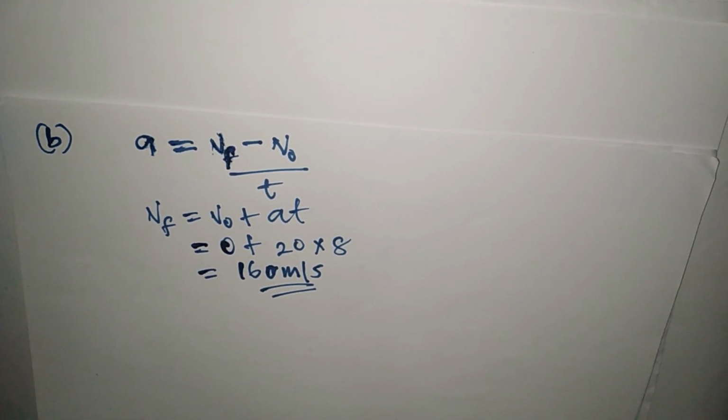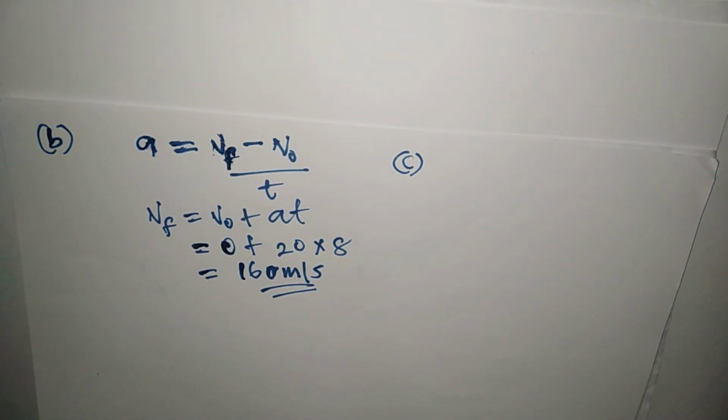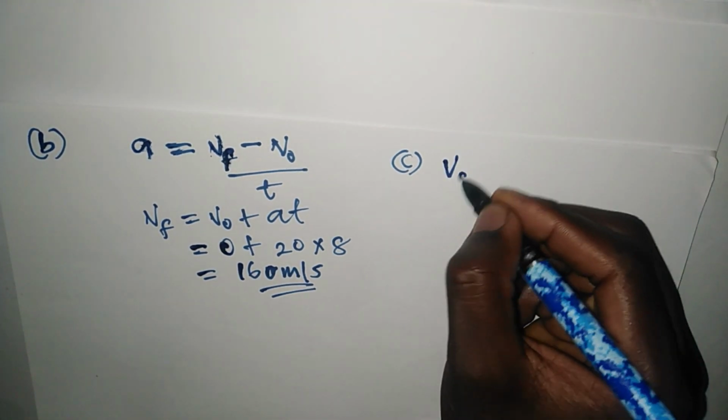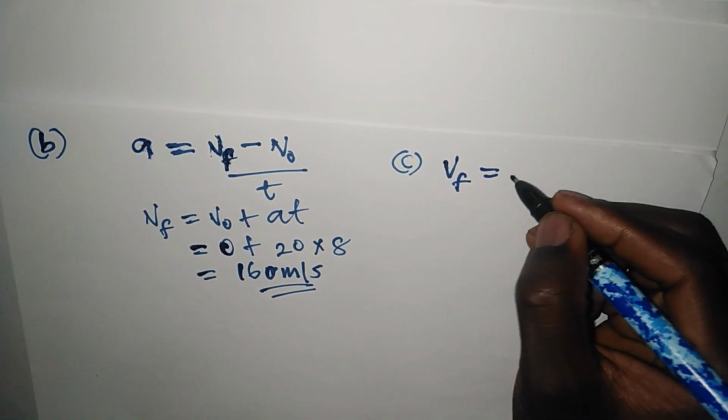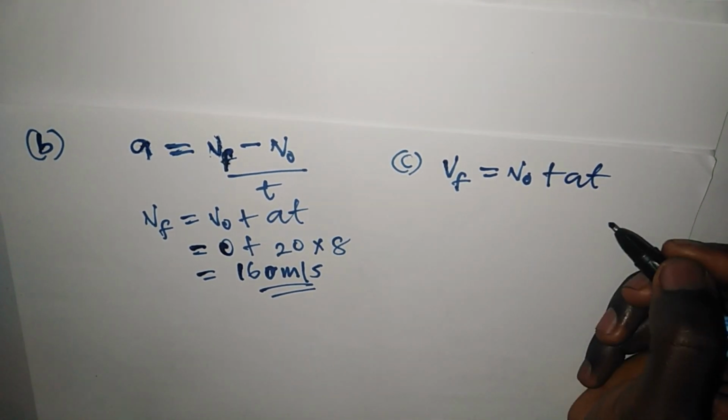Now for C, it says, how long will it take the box to reach a speed of 500 meters per second if it continues to accelerate at this rate? We know that final velocity v is initial velocity plus at, acceleration and time.